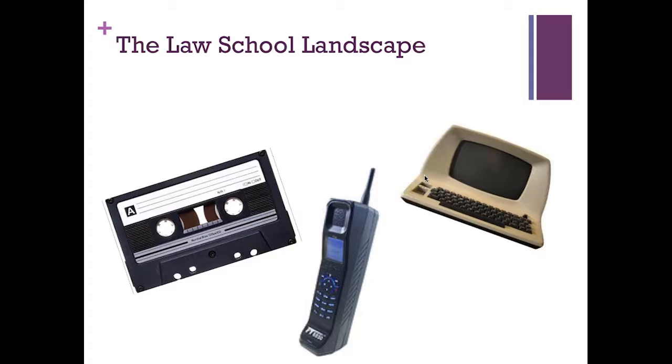The ABA standards on learning outcomes and assessments are certainly new from the legal education perspective, but it's not new in general. Legal education is generally anywhere from 10, 20, sometimes 25, 30 years behind other disciplines like engineering, nursing, and education, where in those disciplines they've been using effectively learning outcomes and assessments.